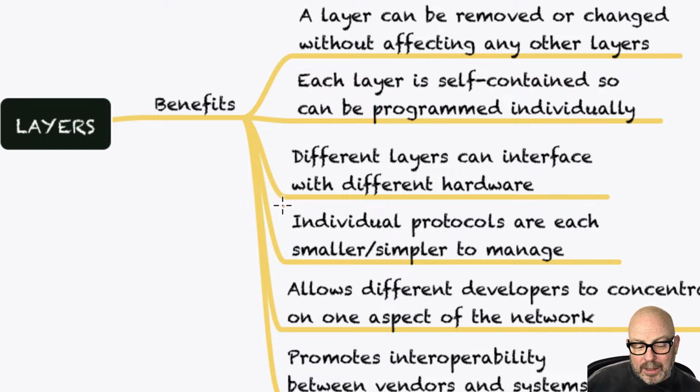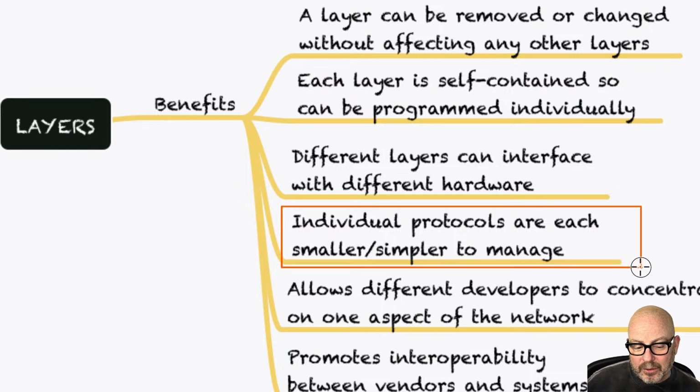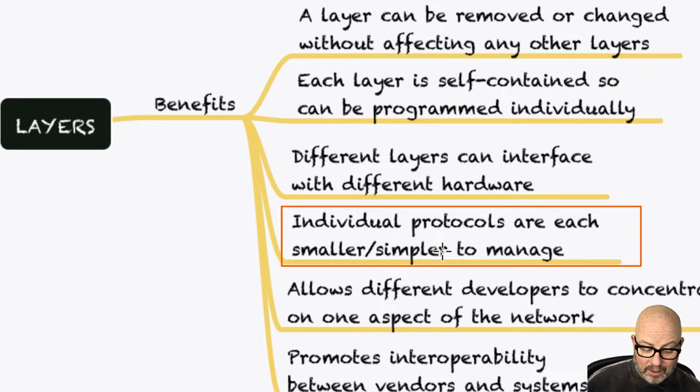And by doing this, it means that individual protocols are much smaller. Otherwise, you'd have to write one protocol which dealt with web pages, dealt with email, dealt with packet switching, and dealt with file transfer protocol, uploading and downloading files, which is a massive pain in the neck, so you simply wouldn't do that.